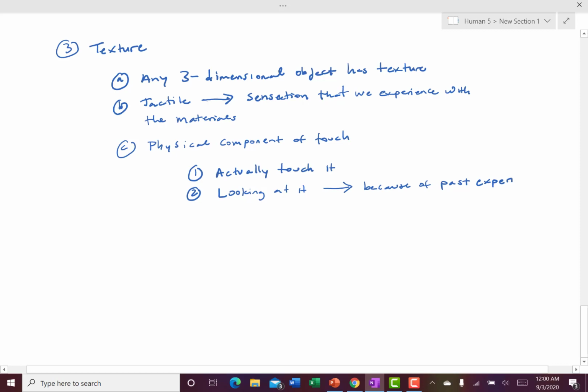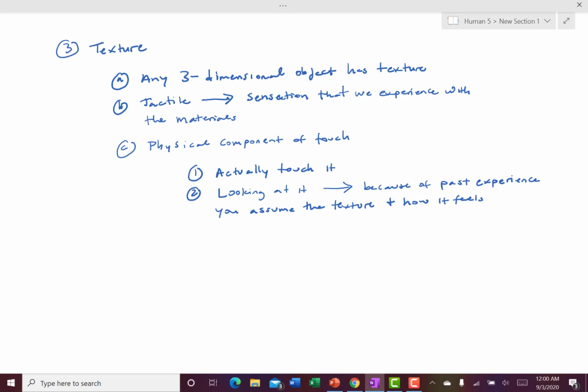And so when I look at carpet, you assume the texture and how it feels. In fact, your brain goes into this sense of memory, and while you aren't actually feeling it, you get a sense of feeling it because of that, which is pretty cool.